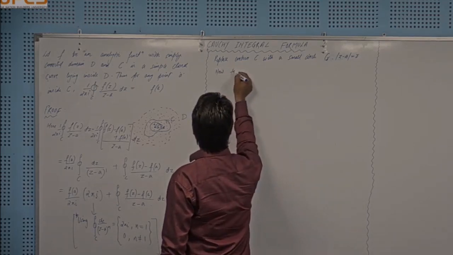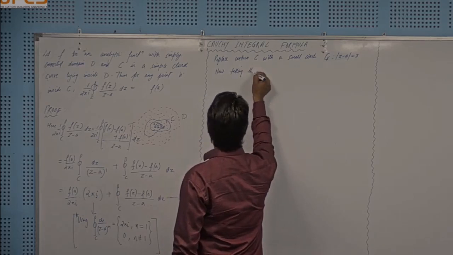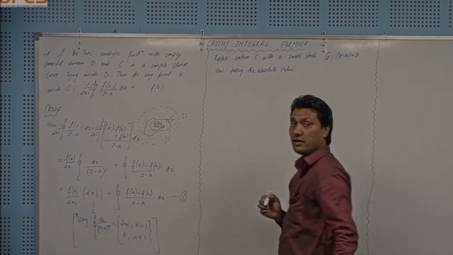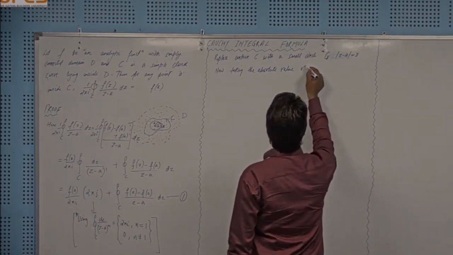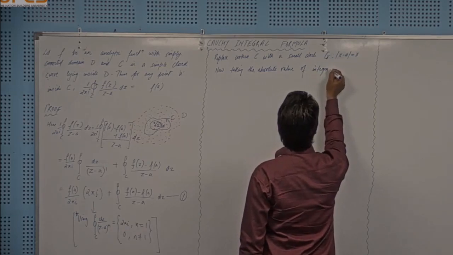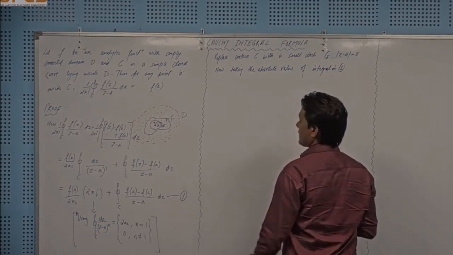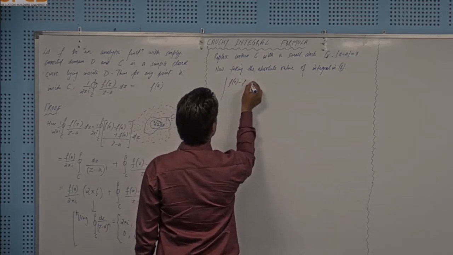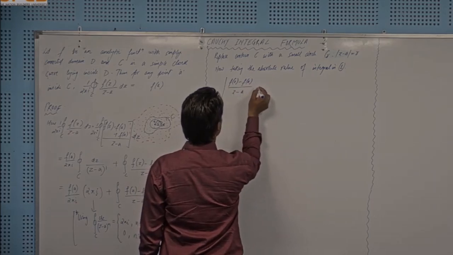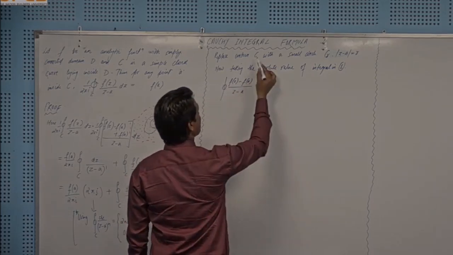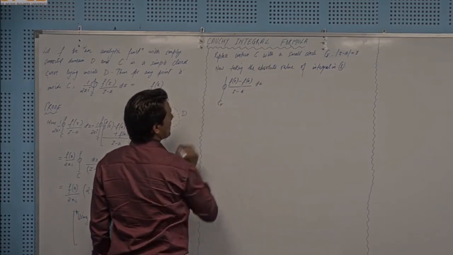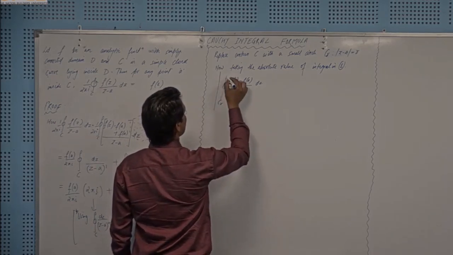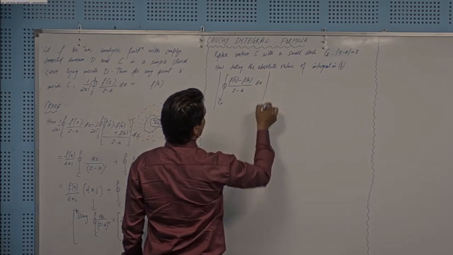Now taking the absolute value of the second integral in equation number 1, this one, we have mod of the integral of (fz minus fa) over (z minus a) dz, and since we have replaced this C by C_r, I will write C_r here.